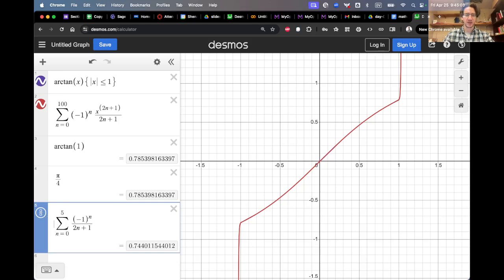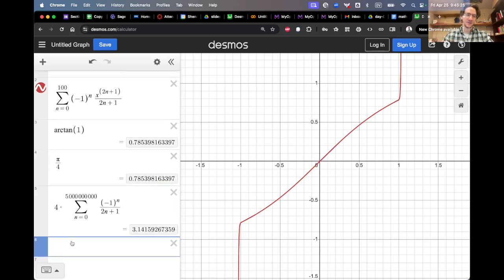And if I multiply that by 4, you can see that, oh, that's not a very good approximation of pi. But if I increase the number of terms I'm using, then generally I'm going to get about 1 more decimal place of accuracy for going 10 times the number of terms that I'm taking, right?